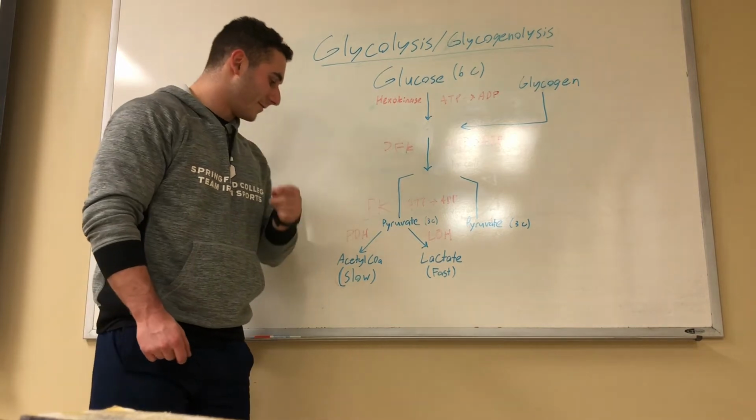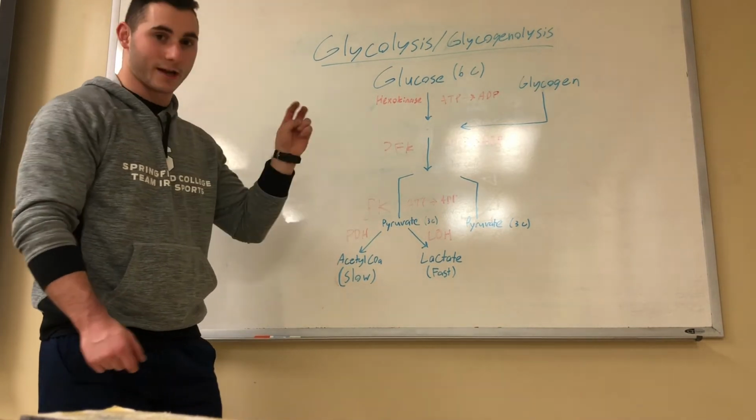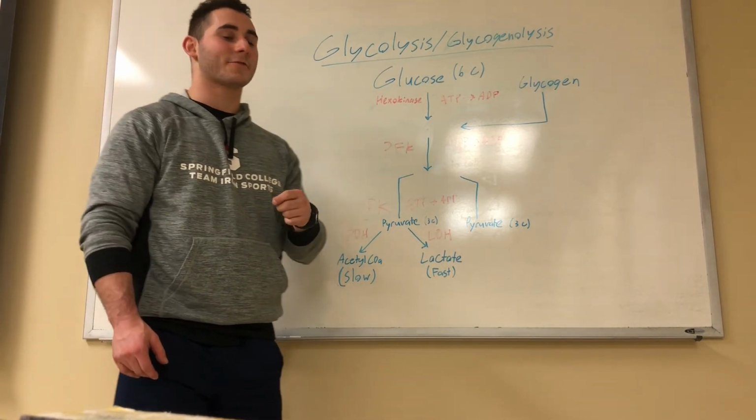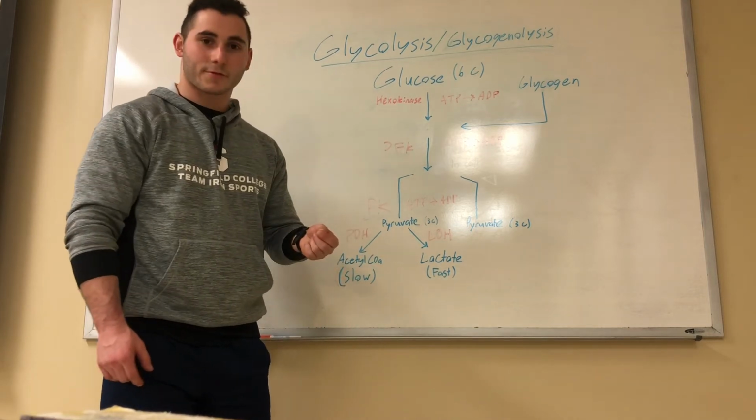So it's definitely a better option for acetyl-CoA to be produced through slow glycolysis, but depending on the demands and the intensity of the exercise, lactate might preferentially be produced.